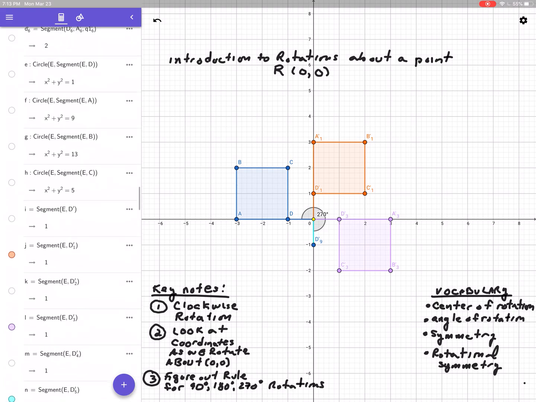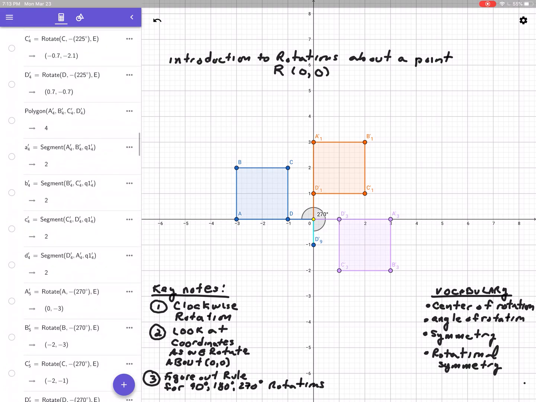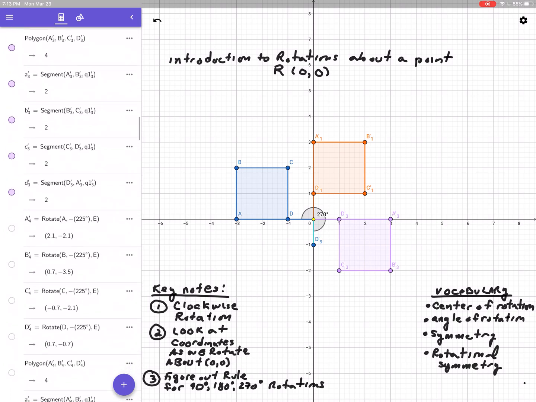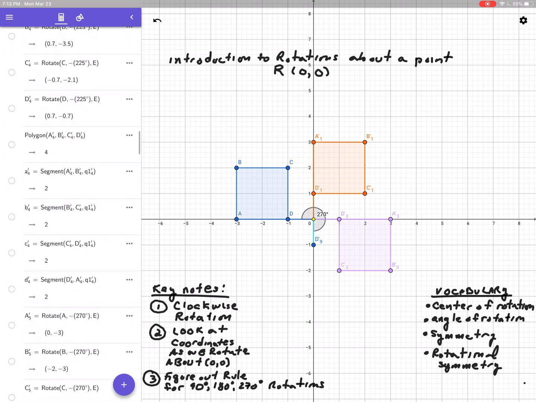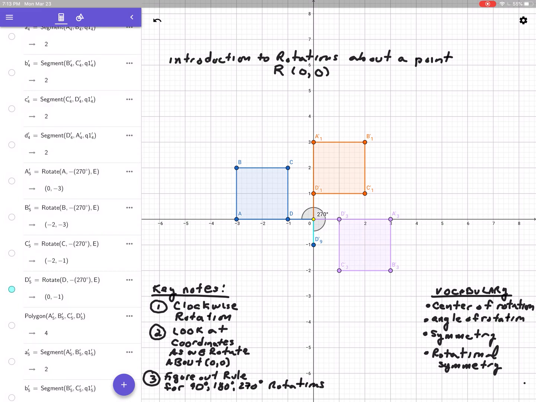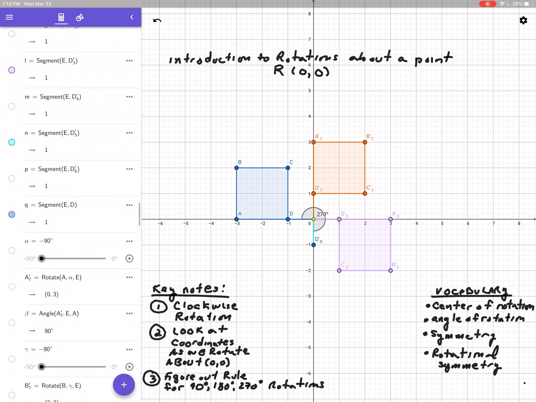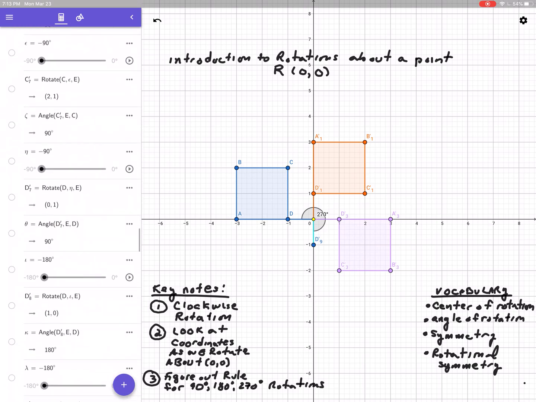My apologies for that. Now, what I need to find is D5. D5. There it is. So I've labeled that, and now I can get rid of the angle being made.